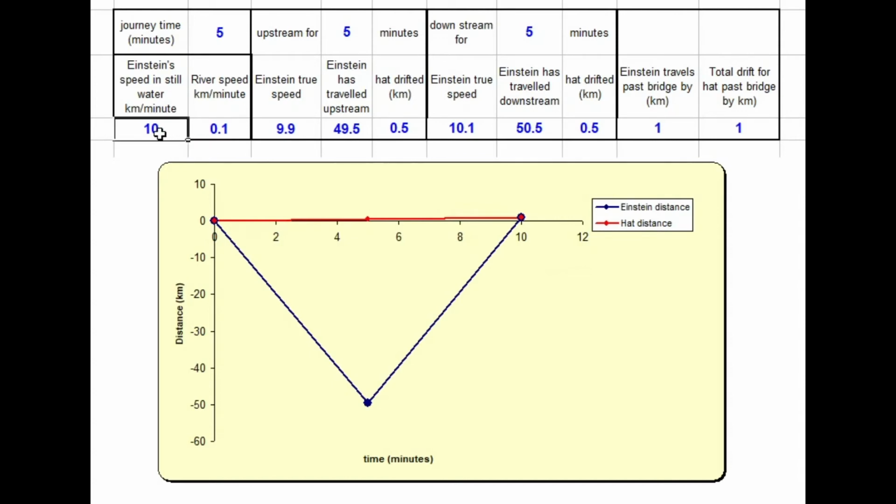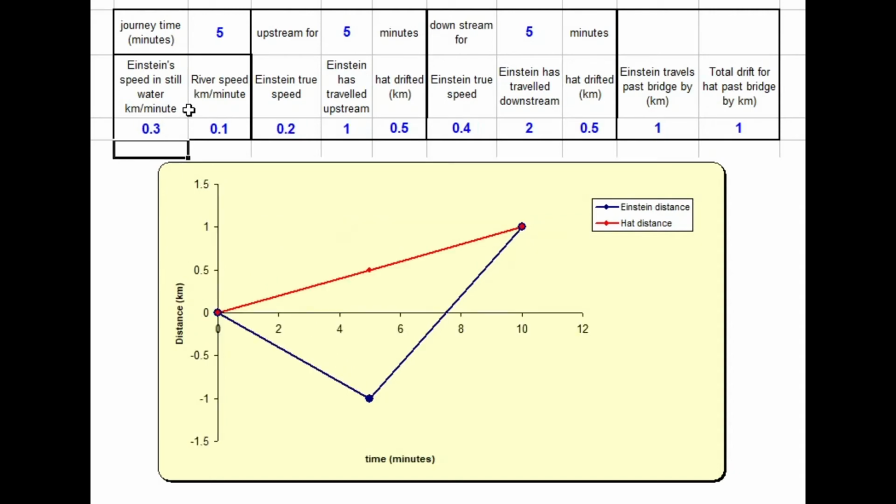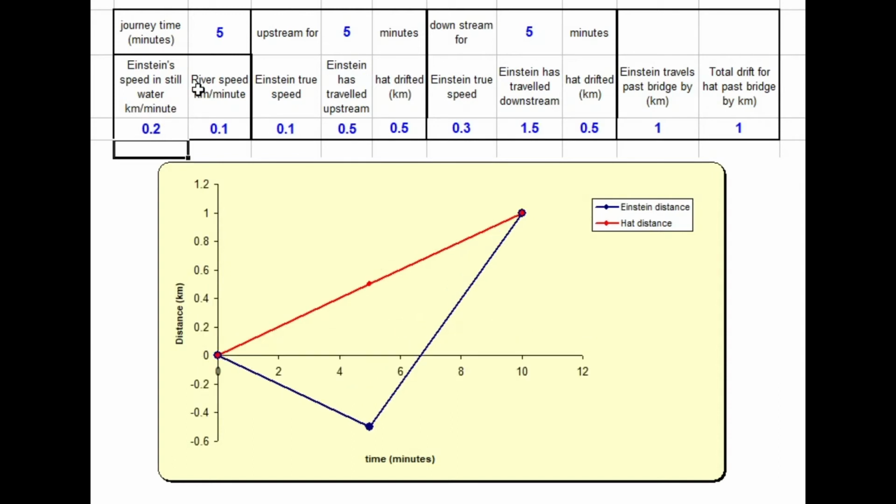If we made it stupid numbers, then you wouldn't notice the difference from the time axis. You wouldn't notice that there was much difference. Now, what about if he's going slower at 0.2?